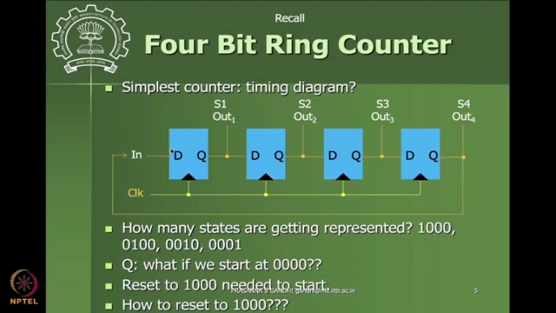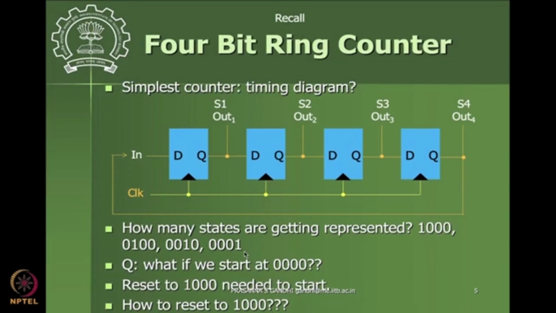This state is 1, which we have introduced, and all others are 0. In the next clock cycle that 1 will move to the next stage, and in the following clock cycle it will proceed further. If you have this feedback, the sequence will go on in a loop: 1 0 0 0, 0 1 0 0, 0 0 1 0, and 0 0 0 1.